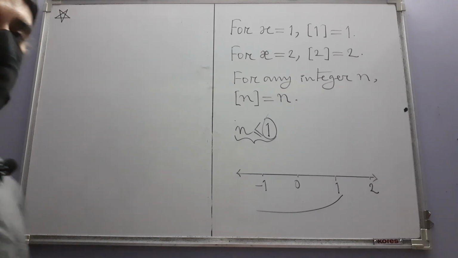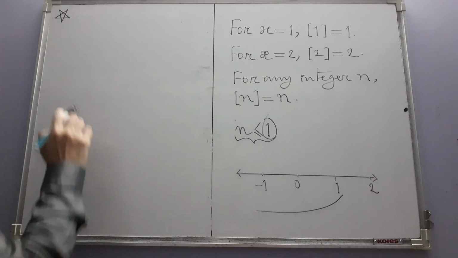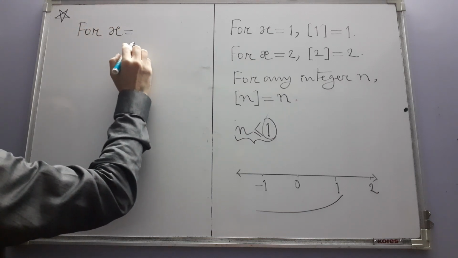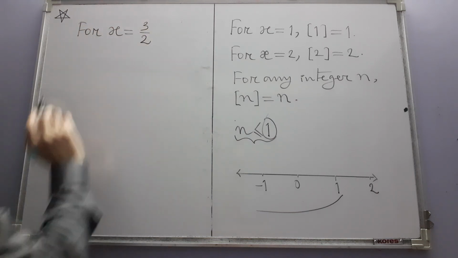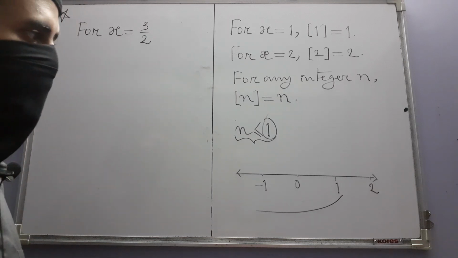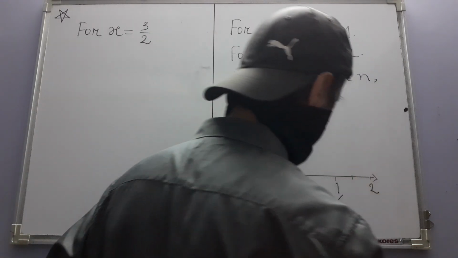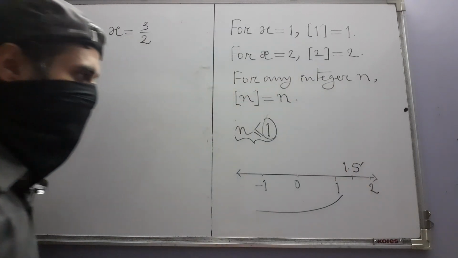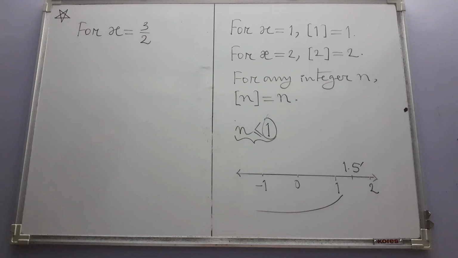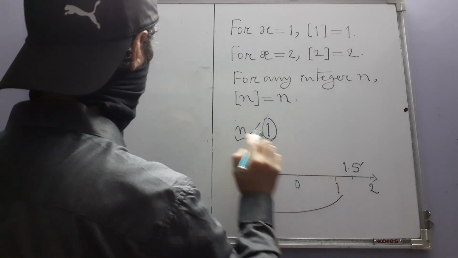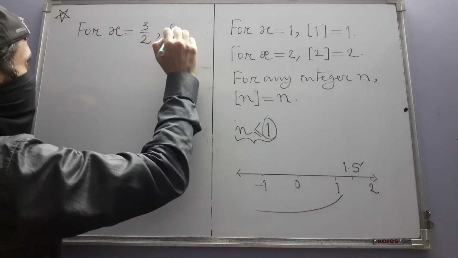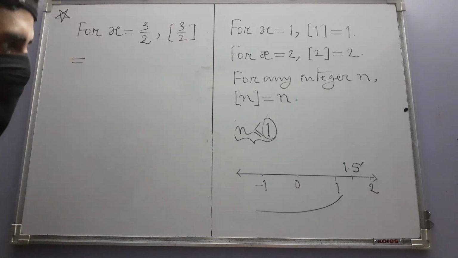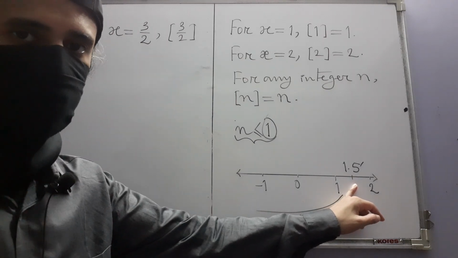Say now I take a fraction. For x equal to say 3 divided by 2, which is the middle point of the line segment joining 1 and 2. 3 divided by 2 is 1.5. For this, what are the integers less than or equal to 1.5?